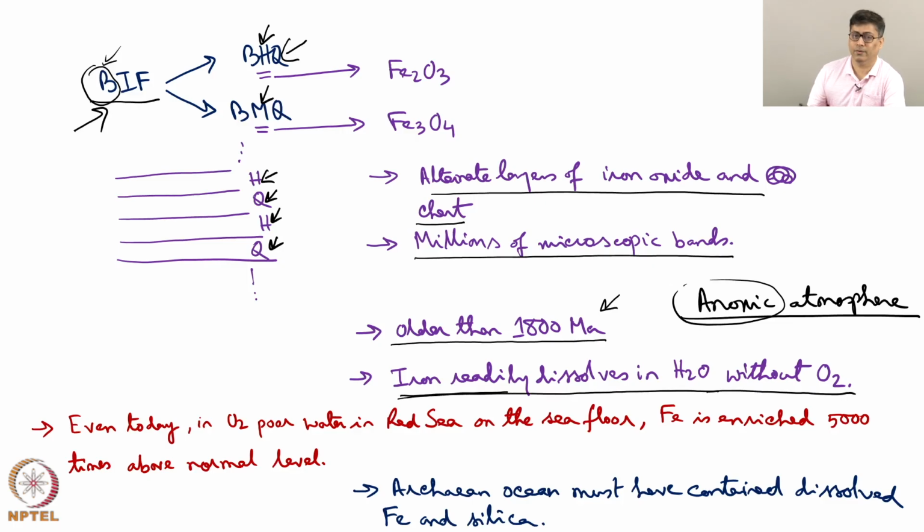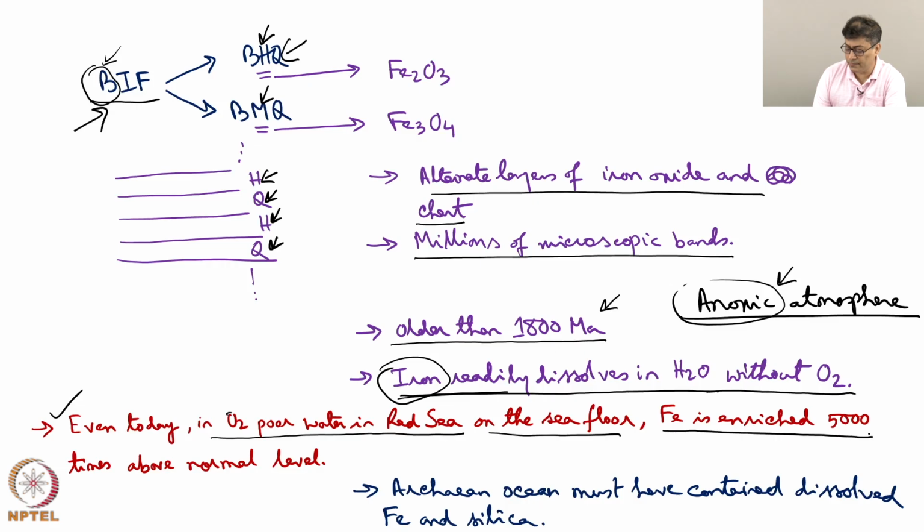So what we understand is that in the past, when there was an anoxic atmosphere, iron got readily dissolved in water. Next, the important point is, even today in oxygen poor water in the Red Sea, in the sea floor we are finding iron is enriched 5000 times above the normal level. So, iron dissolution needs an anoxic environment.